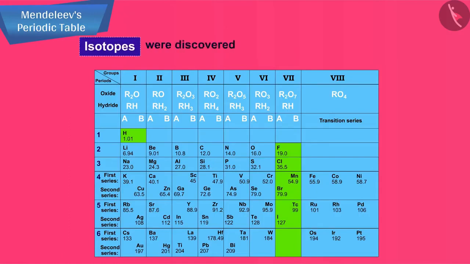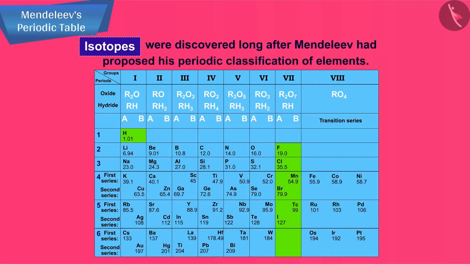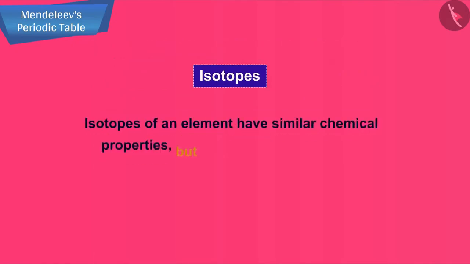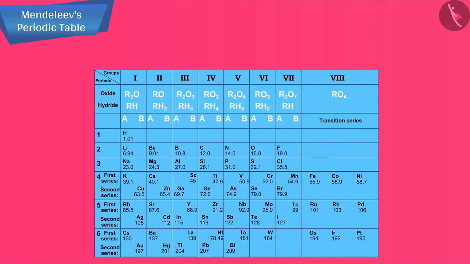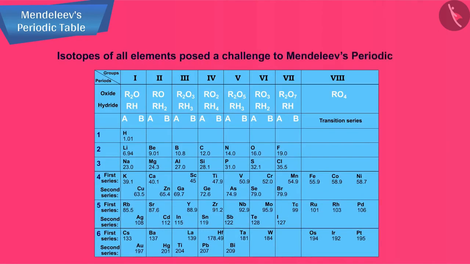Isotopes were discovered long after Mendeleev had proposed his periodic classification of elements. Let us recall that isotopes of an element have similar chemical properties but different atomic masses. Thus, isotopes of all elements posed a challenge to Mendeleev's periodic law.